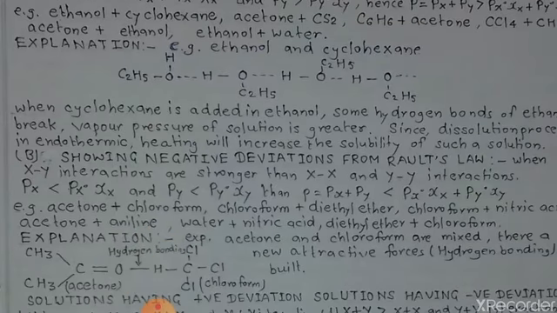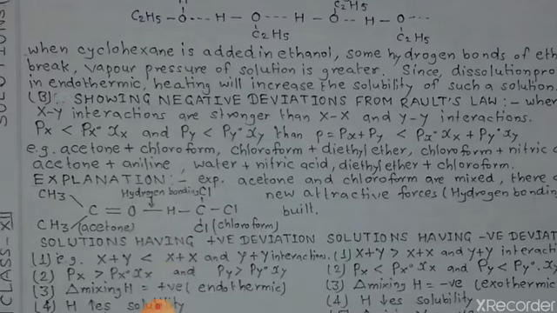Students, the third one is showing negative deviation from Raoult's law. When the X-Y, meaning solute-solvent interaction, is stronger than the solute X-X and solvent Y-Y interactions, they show negative deviation. For example, acetone plus chloroform, or chloroform and diethyl ether.